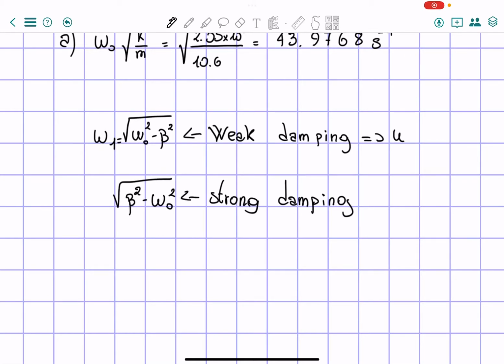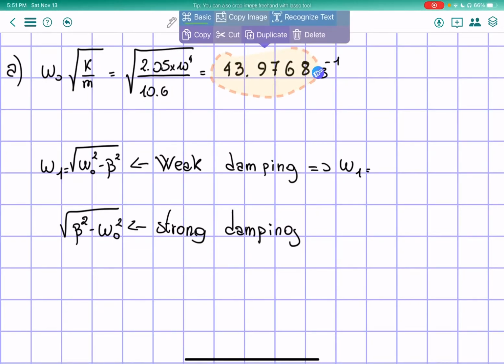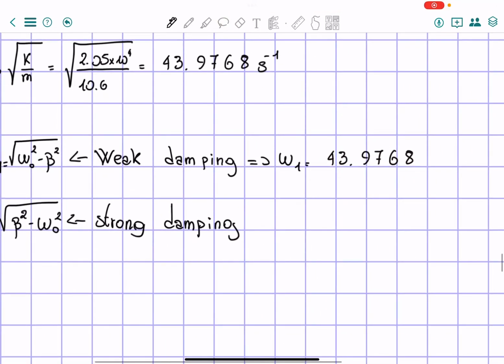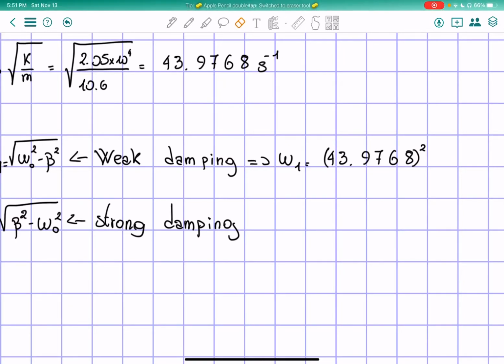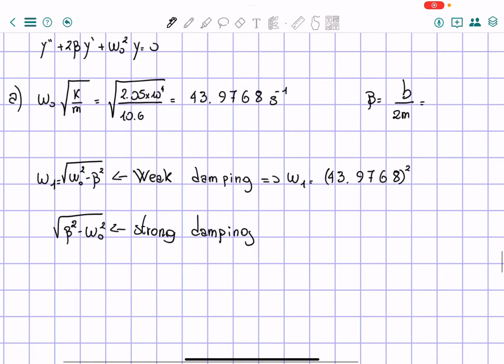It means that omega 1 is equal to, well, omega naught, we just said it's this number right here. Duplicate it and let's bring it over here. And it has to be squared. Actually, so now what is our beta? Well, we know beta is equal to b over 2m.